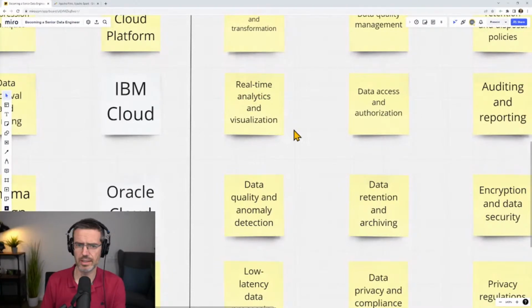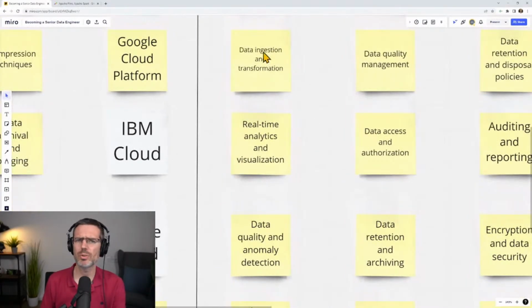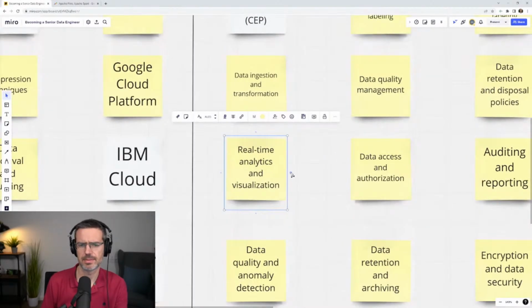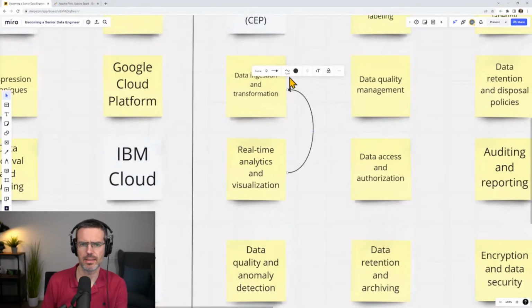Then we have here real-time analysis and visualization. It's already very connected to this. Maybe let's see what it wrote here. A senior data engineer should have experience in designing and implementing real-time analytics and visualization solutions that can provide insights into streaming data as it's being processed. This is very closely connected to this here. That's right.